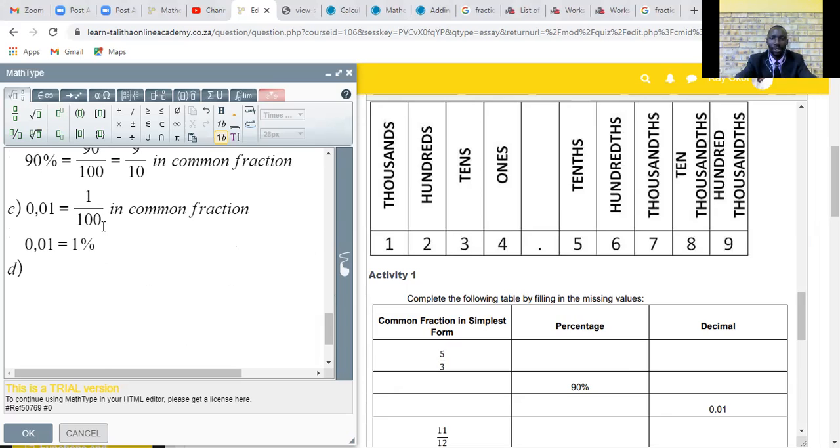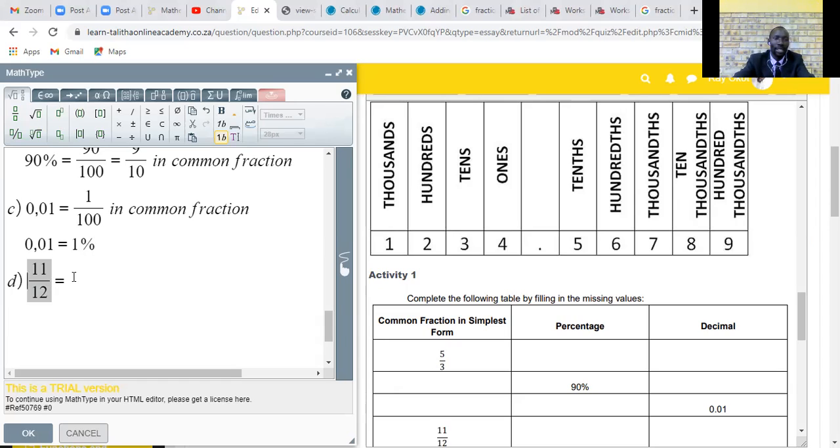Now to the next activity, we have been given what? We have been given 11 out of 12. So we write this down. This is 11 divided by 12. We're supposed to write this in what? In percentage. So in percentage, from what we have been given, well, let's start with the first.